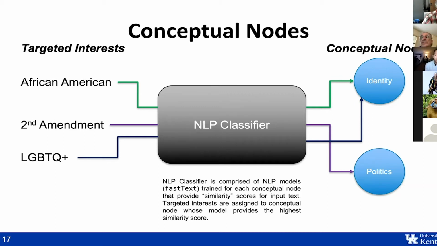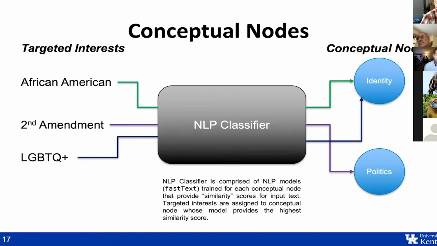The way that we perform this conceptualization via conceptual nodes is we use NLP classifiers that were developed by Facebook, known as the fastText model. If you're not familiar with it, the fastText model is essentially an extension of the famous word2vec model, except that if the fastText model sees a word that is not within its vocabulary, it will break it up into n-grams instead, so that it's more flexible and less error-prone.